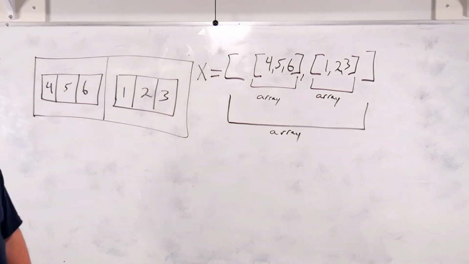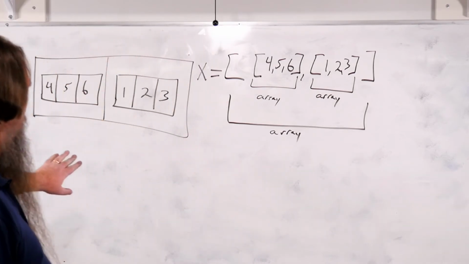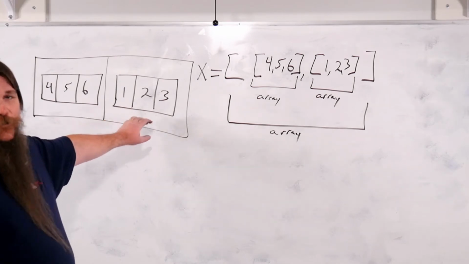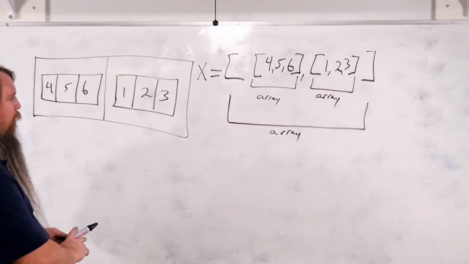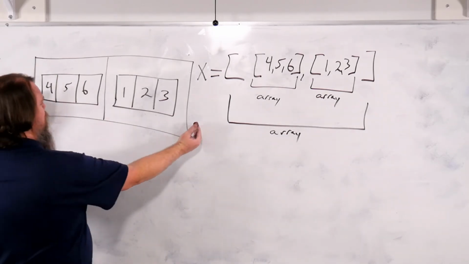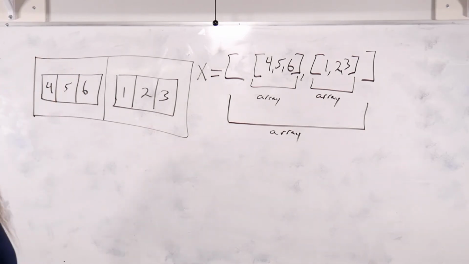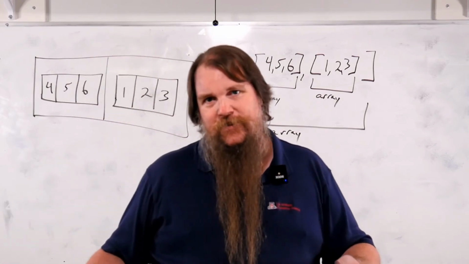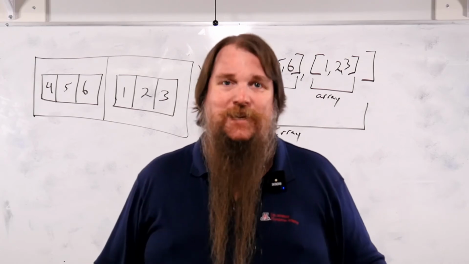If you're taking my class, I'm going to show you how to do reference diagrams real soon. If you ever draw a picture like this, you're going to lose points. It's not a correct picture, but it's a close enough conceptual picture for now. This is an array that has two elements in it. Each of the elements is themselves an array. It's an array that holds other arrays. It's kind of like if you had a big cardboard box and you put smaller boxes inside of it.